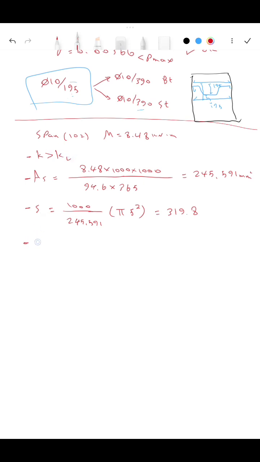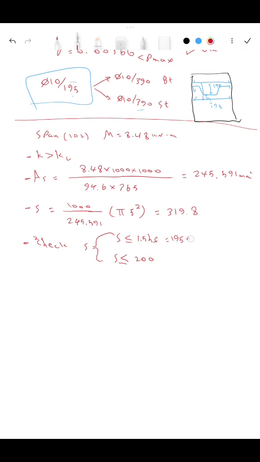This is the first check, and here we will do the second check, check 2 for the space. In both cases, S is less than 1.5 HF, and S is 200. So S is bigger than both conditions.